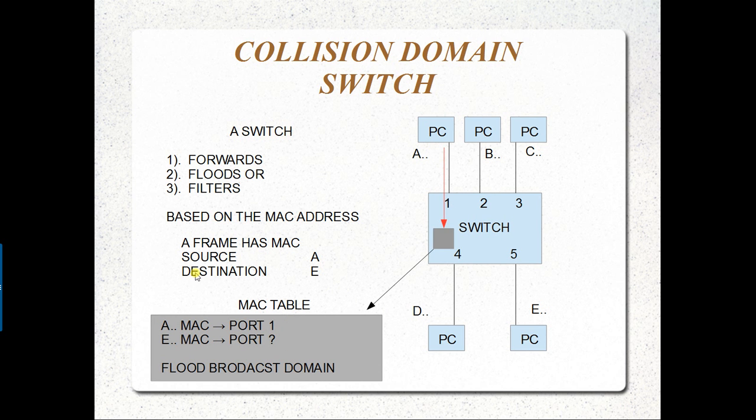So this frame is going to E. The destination is E. Well, what port is assigned to the MAC address all E's? It doesn't know. So all it can do is flood out the broadcast domain. The switch sends the message everywhere, to all computers in this broadcast domain.